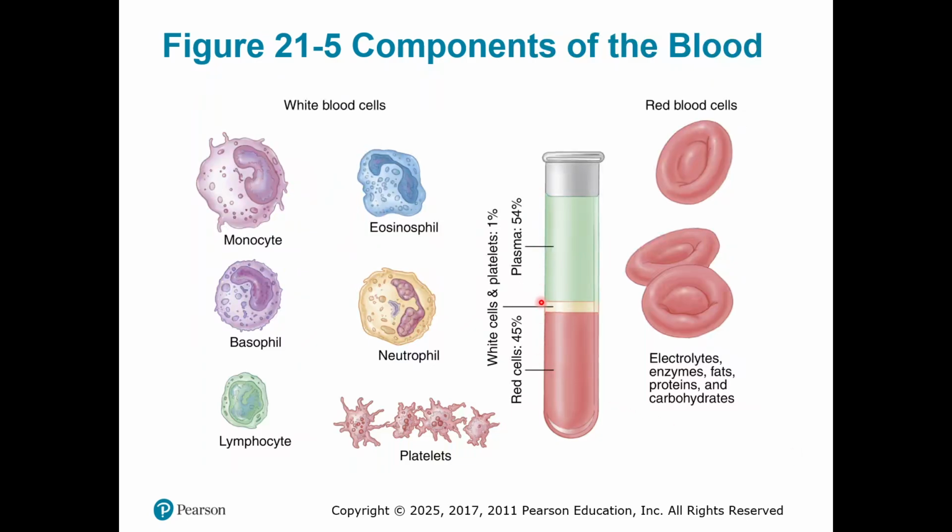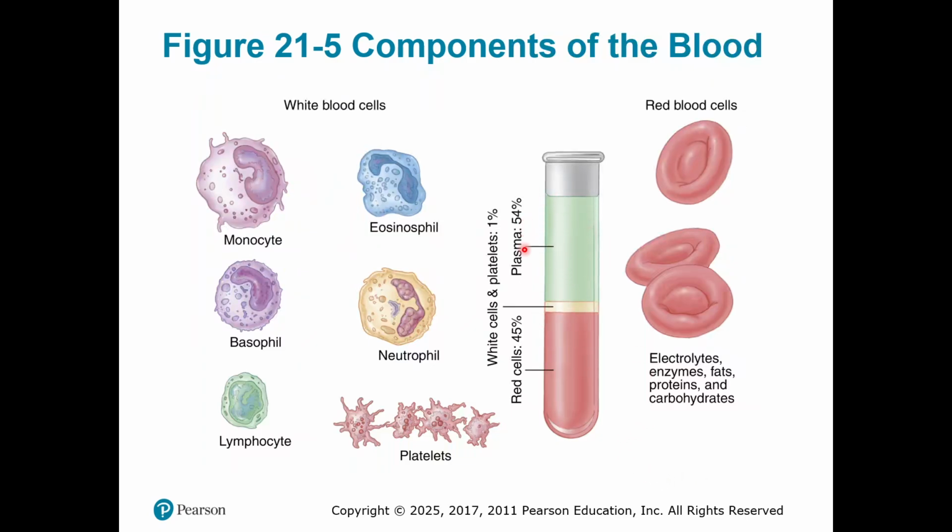Right here, you have this test tube. We can see that we have electrolytes, enzymes, fat, proteins, and carbohydrates. This is a diagram of the test tube. It shows the red blood cells are 45% at the bottom. White blood cells and platelets make up about 1%. Hang on, making sure I'm reading this right. It's saying 45% at the bottom, white cells and platelets 1% at the center, and plasma 54% at the top.